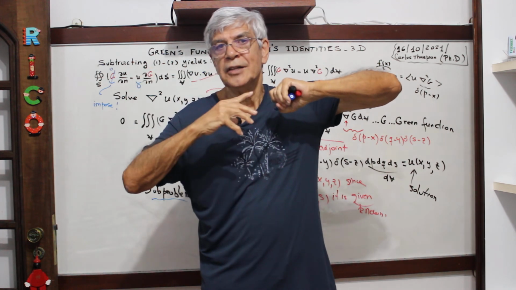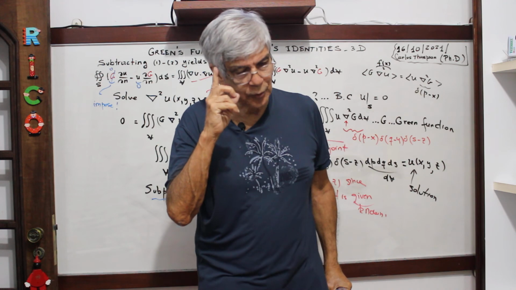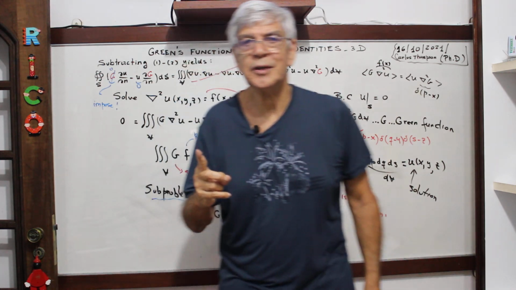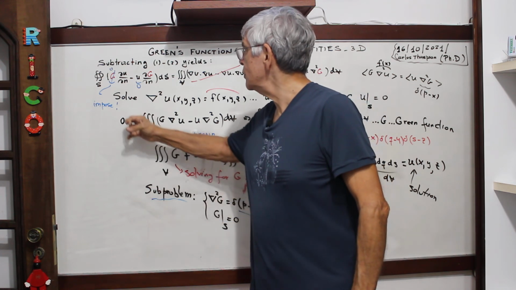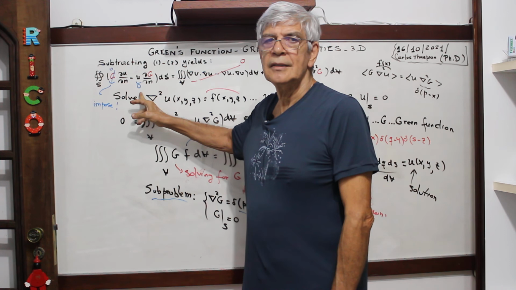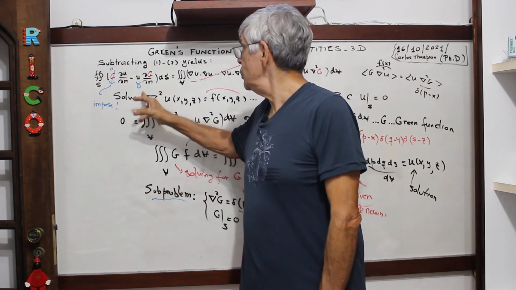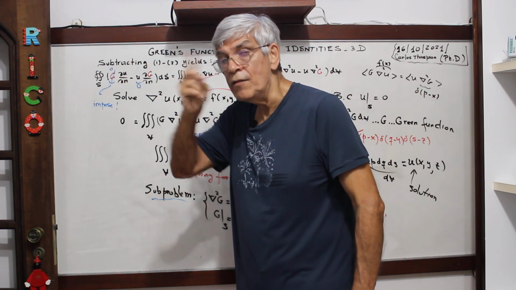Again, I repeat, now you go to the literature, say you understand when the video starts, write down the self-adjoint. To be self-adjoint, you must impose this over here. The boundary condition U is given, G is not given.